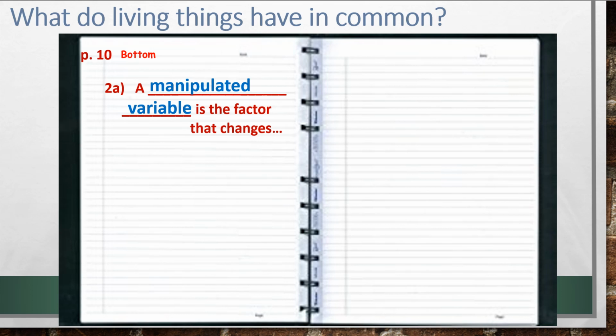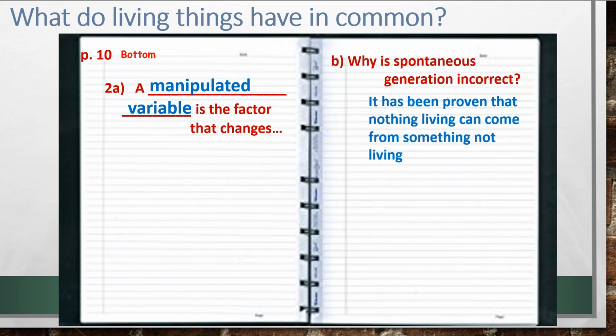We have to change one thing for a scientific experiment to work correctly, and then everything else must be controlled, must be left alone. When we look at the second question, it asks why spontaneous generation is incorrect. It's because it has been proven scientifically for the past couple hundred years that we cannot get something living from something that is not living.